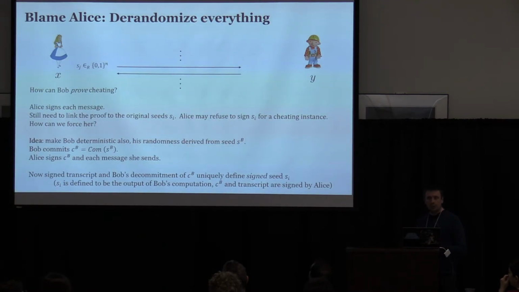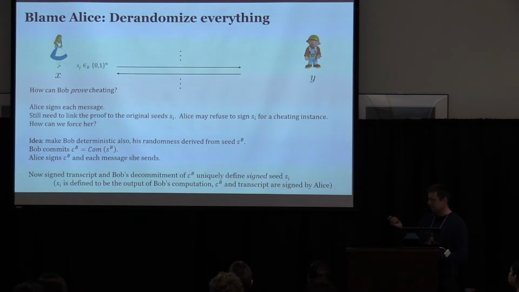Fine, but that doesn't quite allow us to prove cheating. So how can we do that? We're going to ask Alice to sign each message. That's a big step, but that's not everything, because we still need to have her signature on those original Si's. And here is the cherry on top idea.